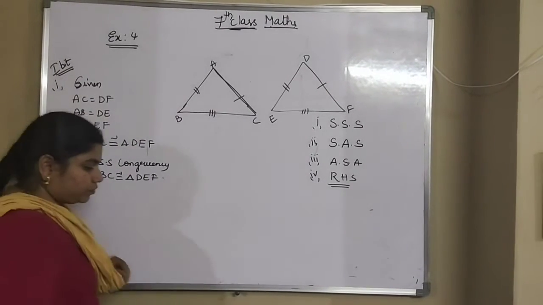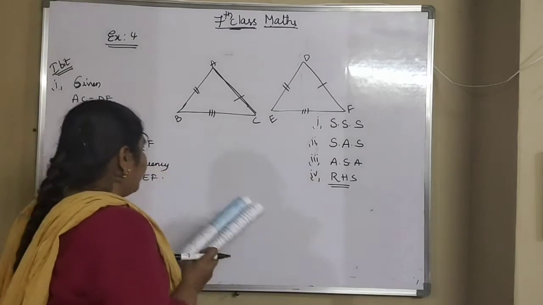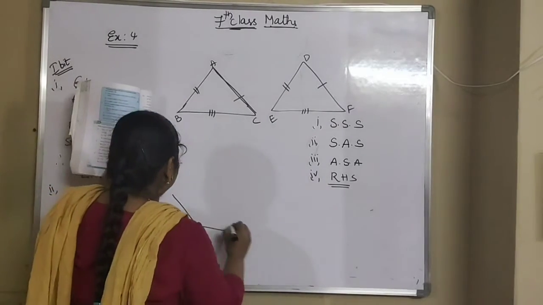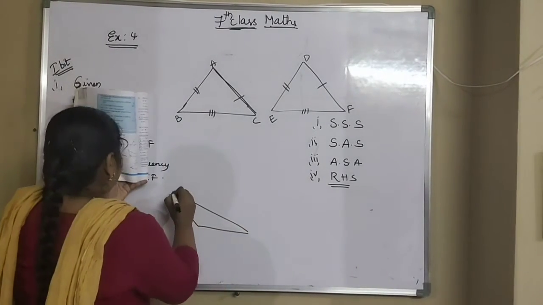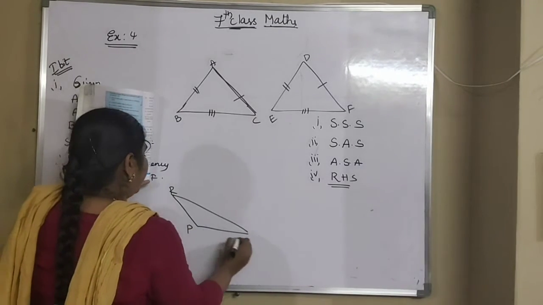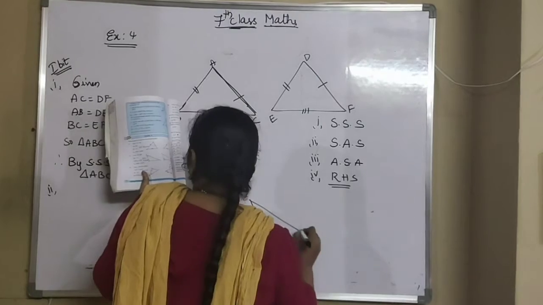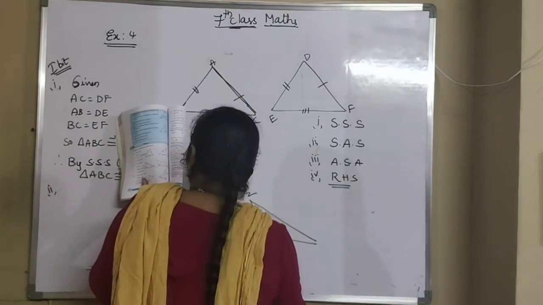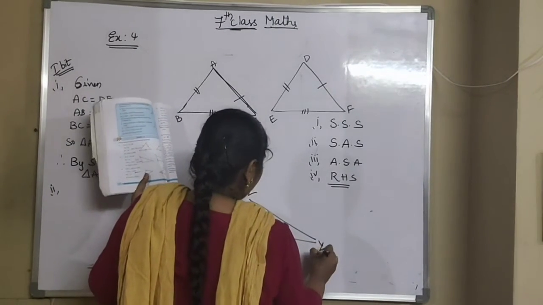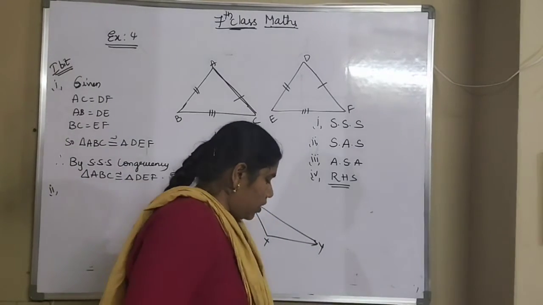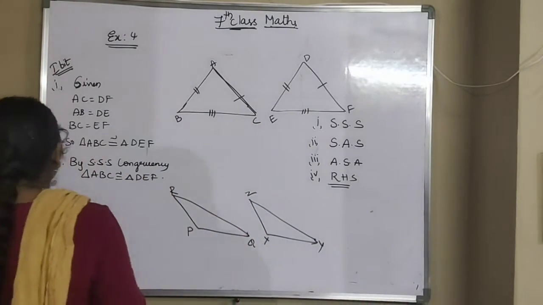Second one, again they have given one figure. R, P, Q, Z, X, Y. Okay, and what are the conditions they have given?